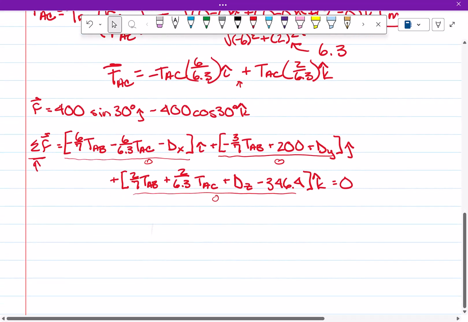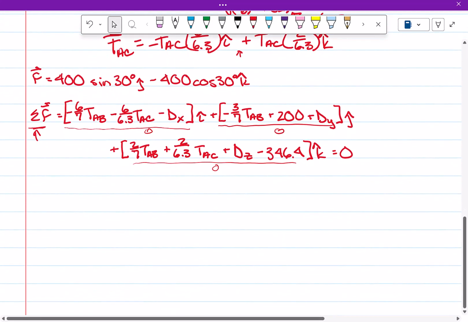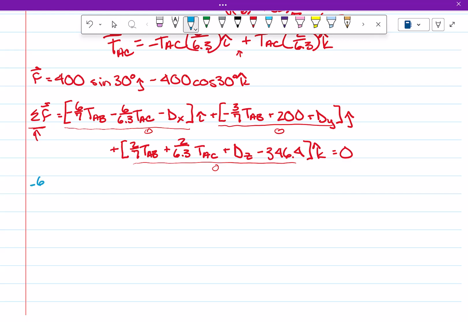So let's start. I'm just going to do this in a different color because there's a lot of red on my tablet right now. So let's start by setting each one of these equal to 0. So we have negative 6/7 TAB minus 6/6.3 TAC minus dx is equal to 0.